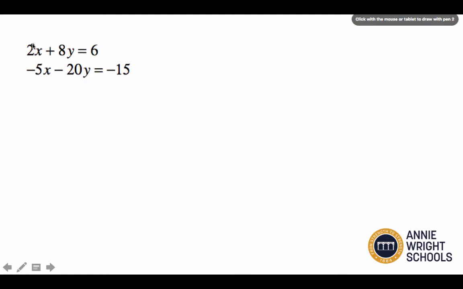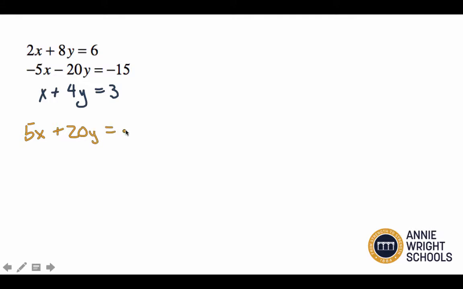I am going to multiply the top equation, and this is going to be a little tricky, by 1/2 and get x plus 4y equals 3, because that's going to help you see that I can then multiply it by 5 and get 5x plus 20y equals 15. So now when I combine this equation here with this equation here, I get 0 equals 0.